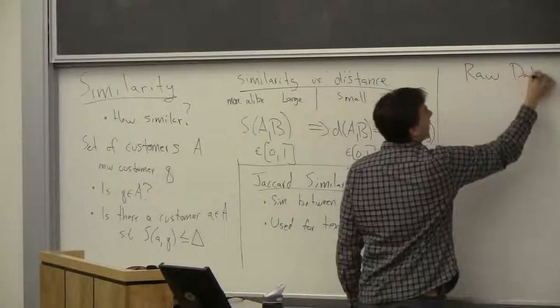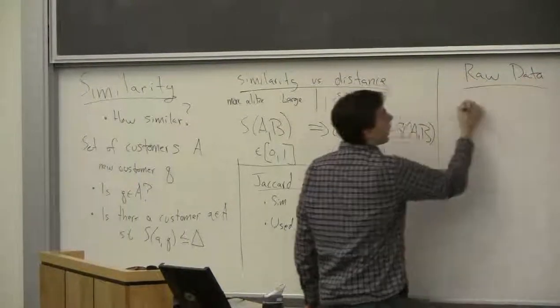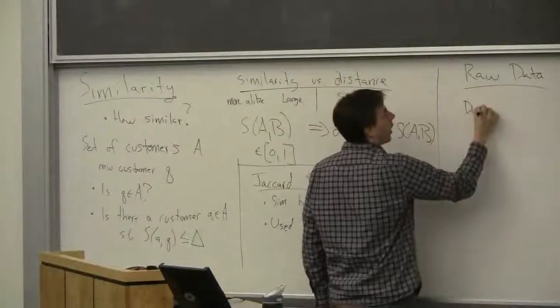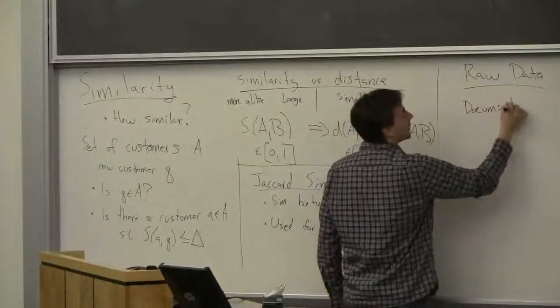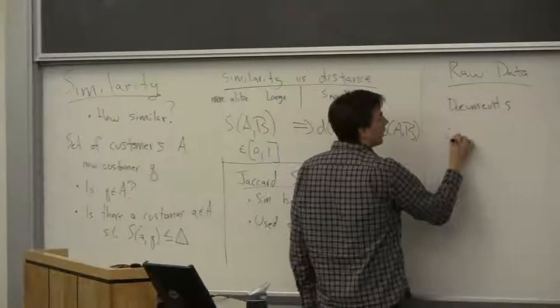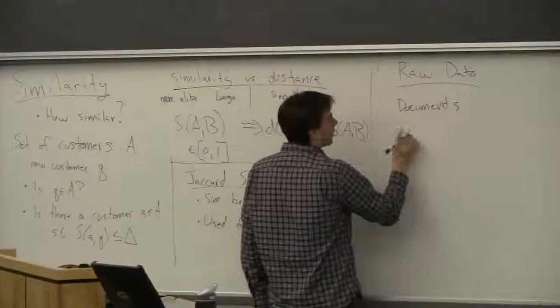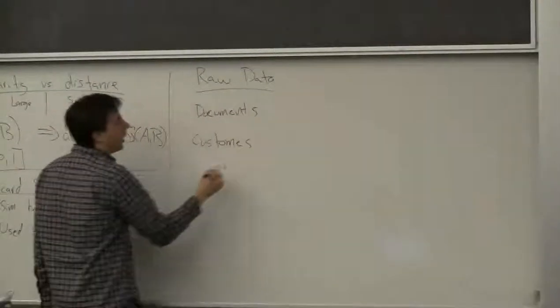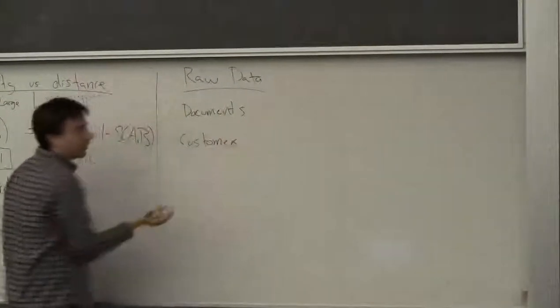And there's a general theme here, is that you're going to have something like raw data, right? And so this could be documents. This could be customers.